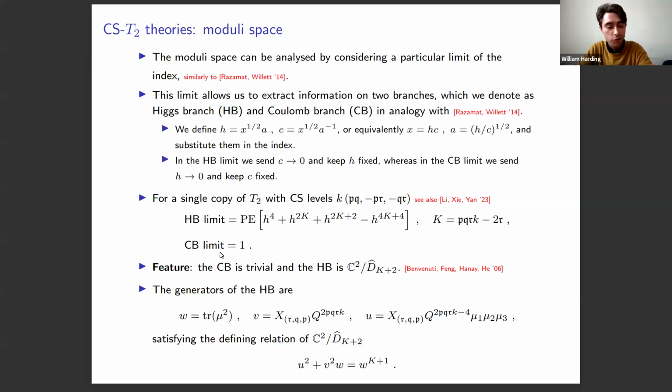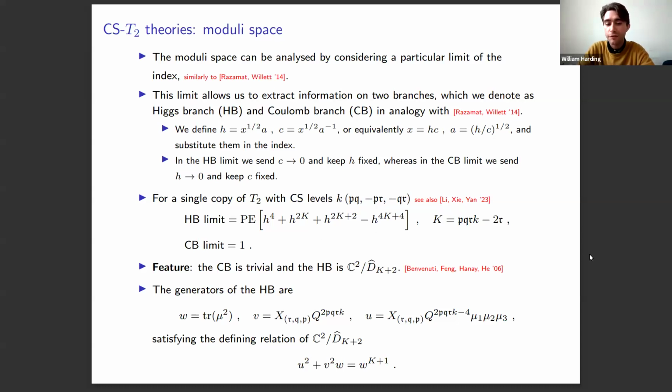So, the Coulomb branch limit gives us simply 1 as a result, whereas if we take the Higgs branch limit of the index, you obtain the following. And now here you can recognize that the Higgs branch limit of the index can be written as the Plethystic exponential corresponding to a D-type Kleinian singularity.